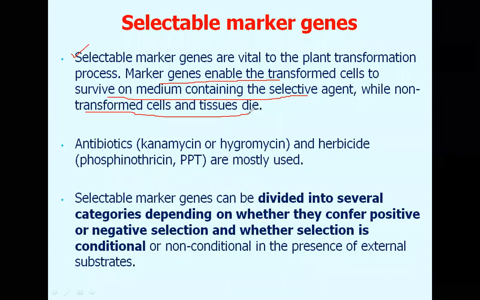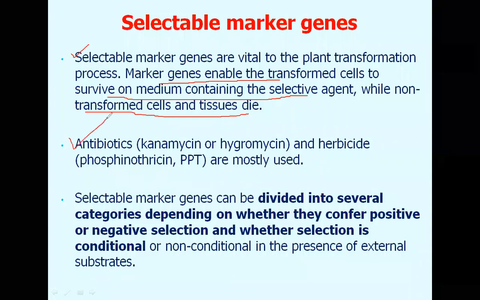Plant cells which have received the gene of your interest are called transformed cells, and those which could not are called non-transformed cells. So after the process of transformation, a selection has to be made and transformed cells have to be distinguished from the non-transformed cells, and in this process the selectable marker gene plays a very vital role.